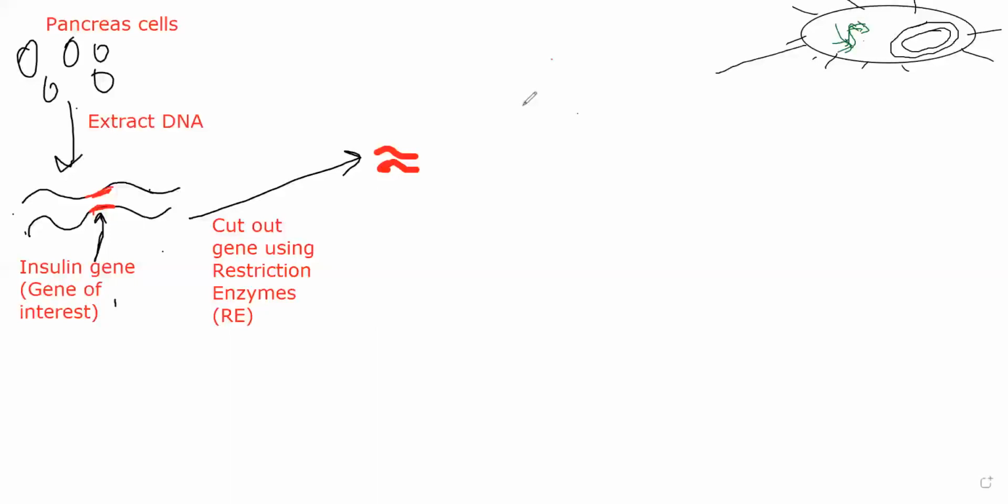Here we have a bacterial cell. That's a bacterial cell. And inside this bacterial cell, I have what I call a plasmid. Plasmid has circular DNA. That's what plasmids are. They are circular DNAs that are found inside bacterial cells.